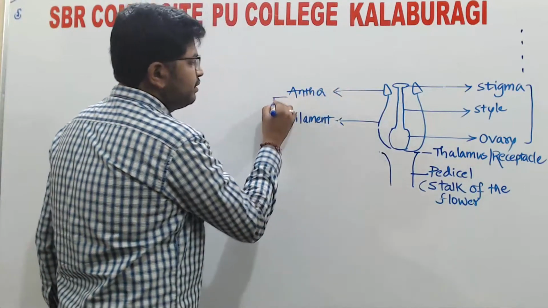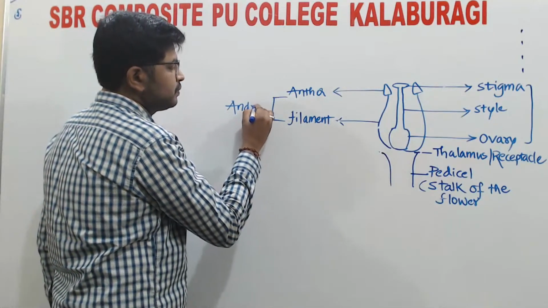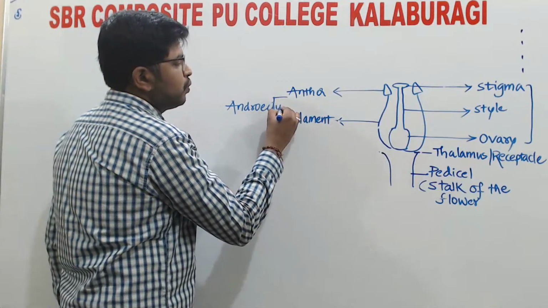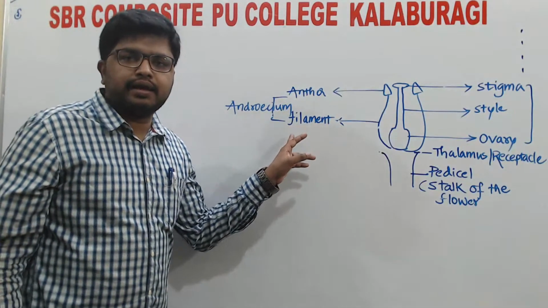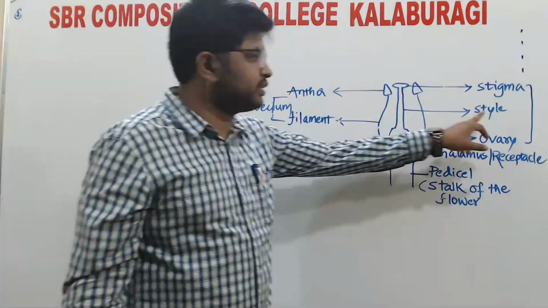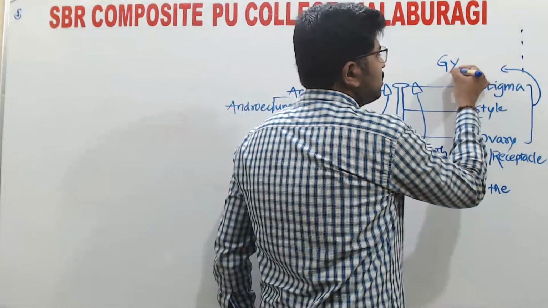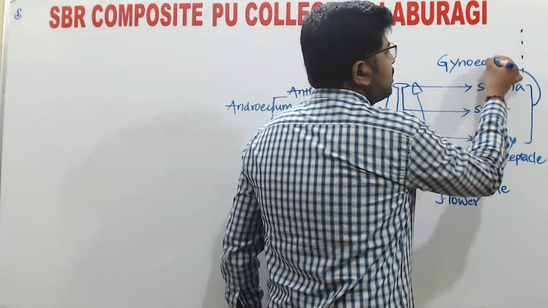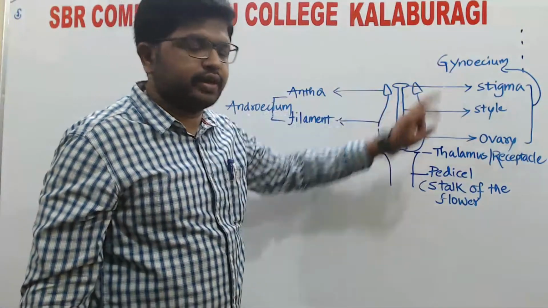Anther and filament together make the androecium. It is the male reproductive structure. Whereas this gynoecium, I'm going to write it there. Gynoecium is the female reproductive structure.